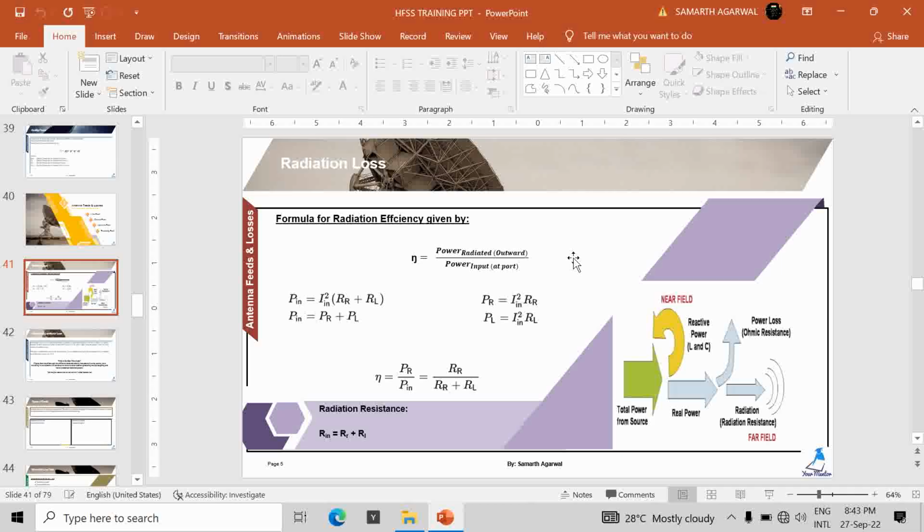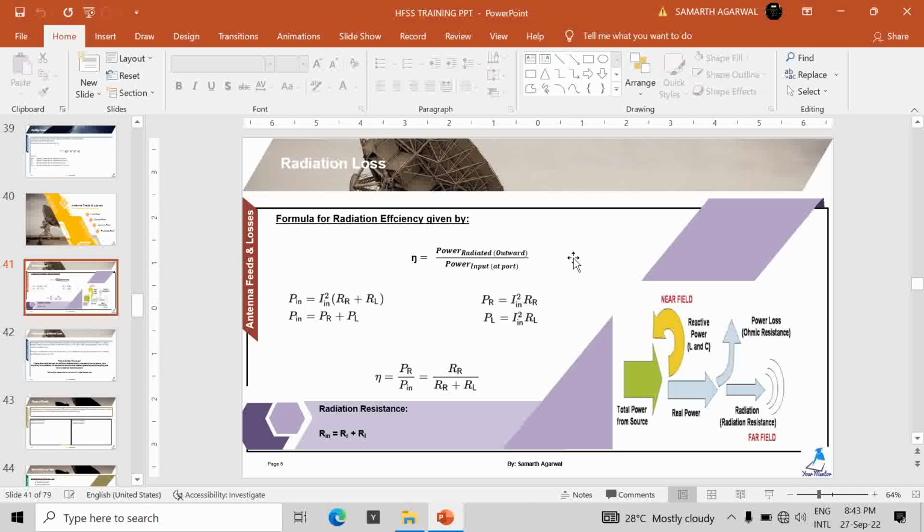If I divide the radiated power by the input power, I squared in will cancel out, and we get eta equals 1 over 1 plus R_R by R_L, which is the radiation resistance divided by R_L, the load resistance.